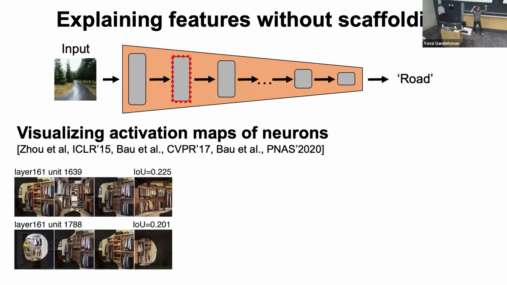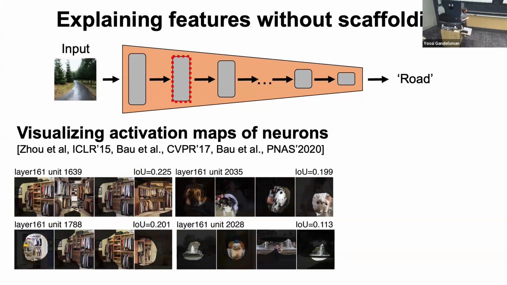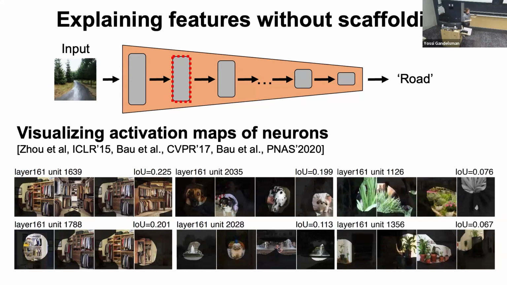They basically looked at the small images that I showed you before, the green and yellow images, and they found that there is one neuron that corresponds to closets, and another one that corresponds to faces of dogs, and another one that corresponds to plants, right?